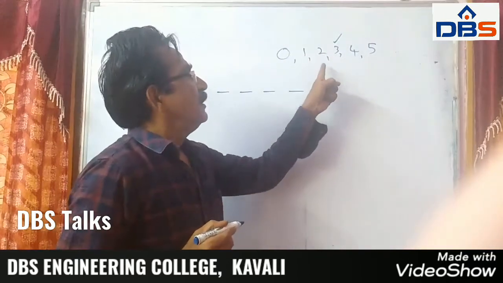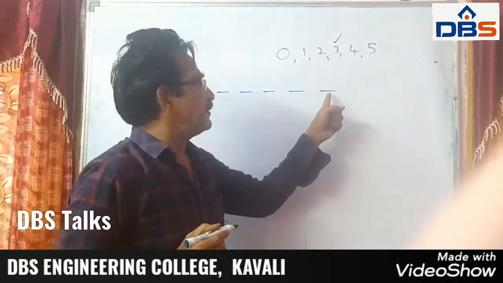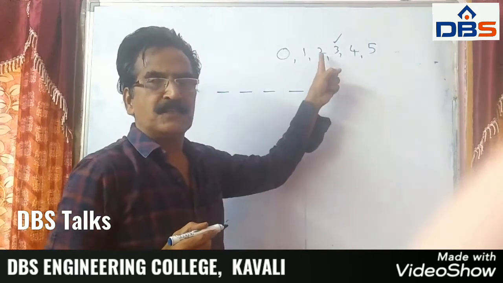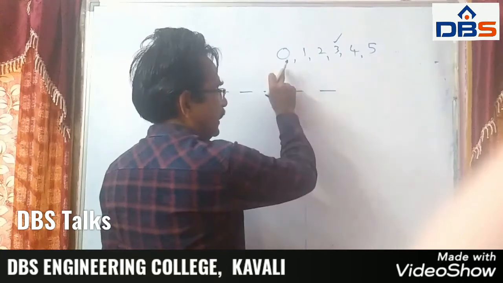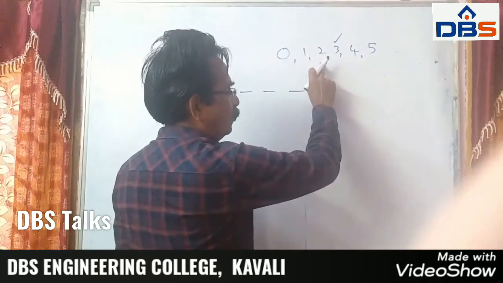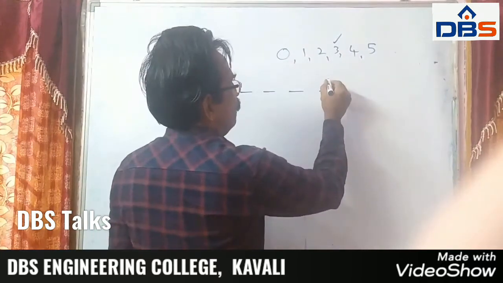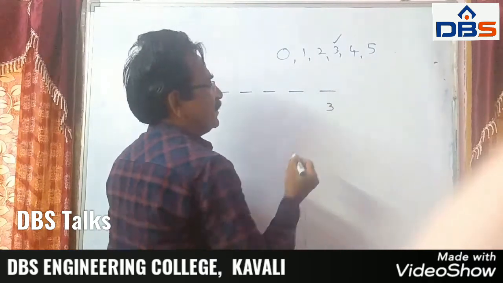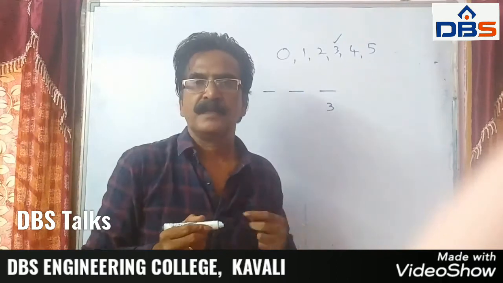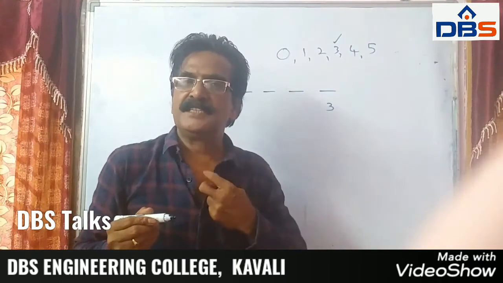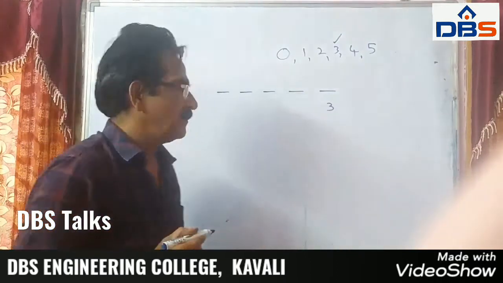So, as you know, if it is to be divisible by 2, the units digit must be either 0 or 2 or 4. So the units digit can be filled in 3 ways.